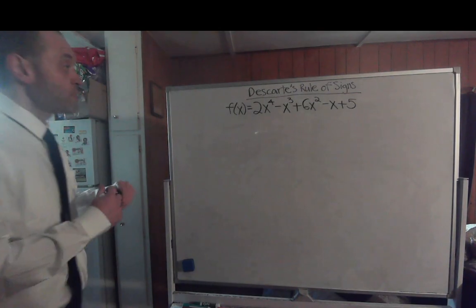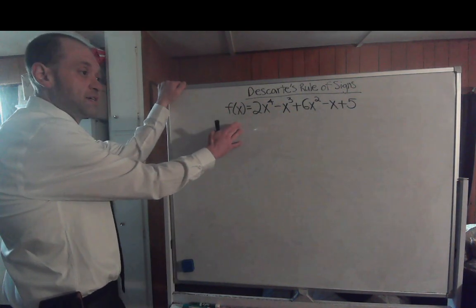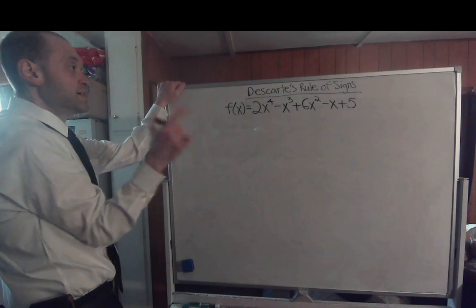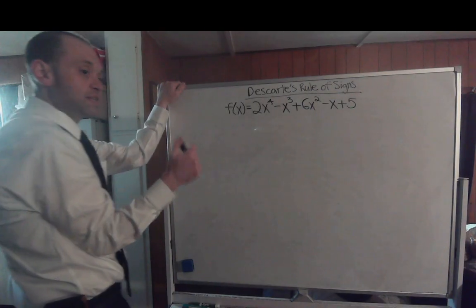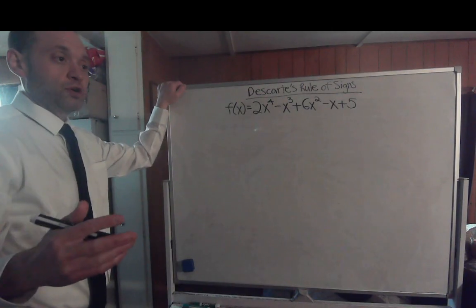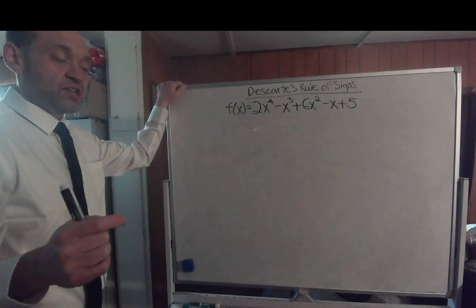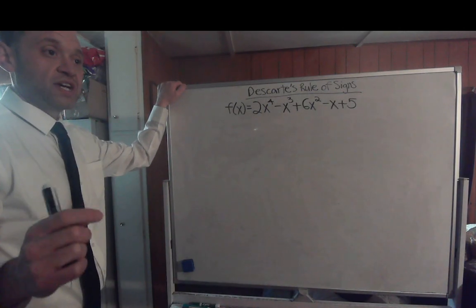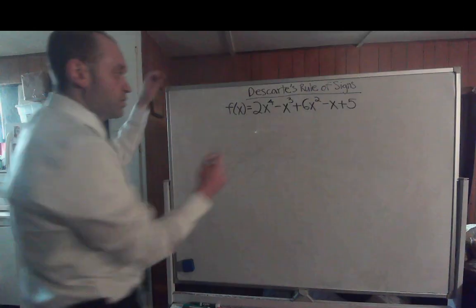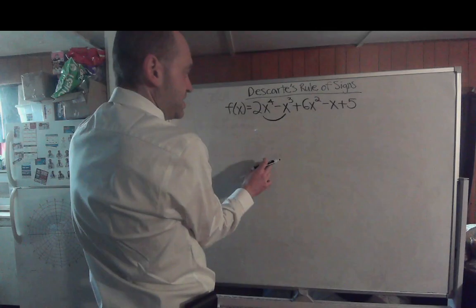So if you look at the original f of x, you take f of positive x. Descartes' rule of signs says that the number of sign changes you have between each term is equal to that number of sign changes, or 2 less than that number, of positive real zeros you have. So from 2x to the fourth to negative x to the third, you have 1 sign change.